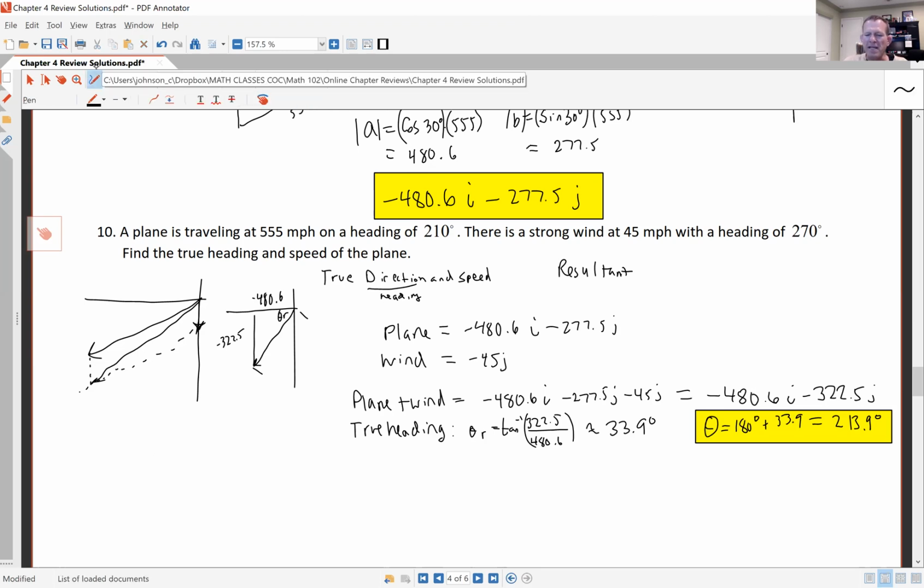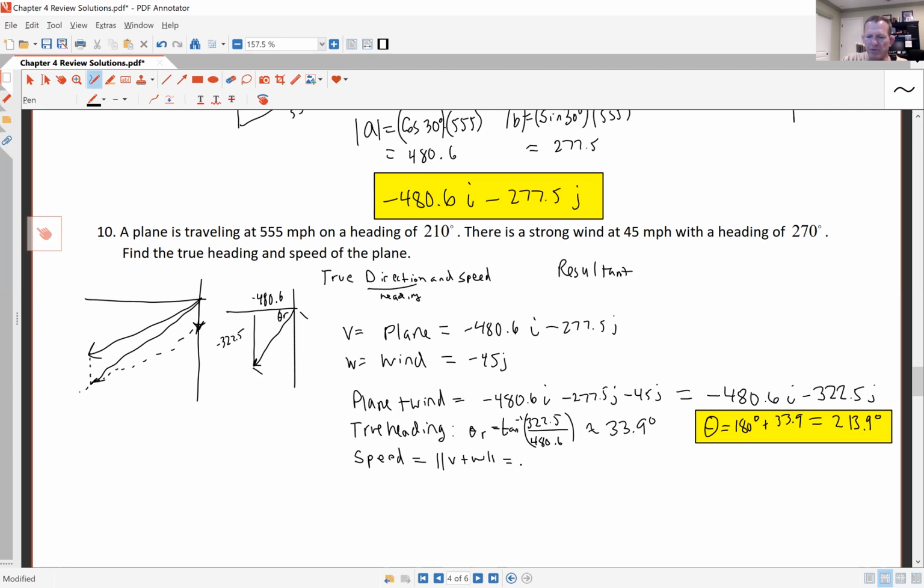Now, what's the true speed? The speed of the plane is the length of v plus w, plane plus the wind.